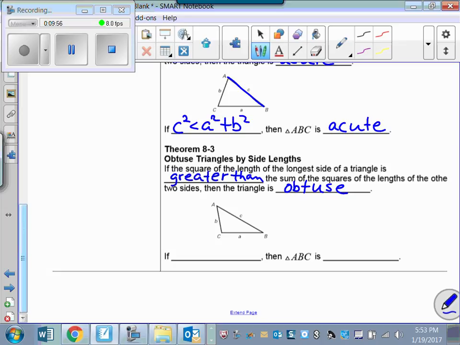So, using notation, if c squared is greater than a squared plus b squared, then that triangle has to be obtuse. And if you think about it, that makes sense, because look at our angle C here. The wider I open that up, the longer C is going to keep getting. So that's definitely going to be an obtuse triangle.